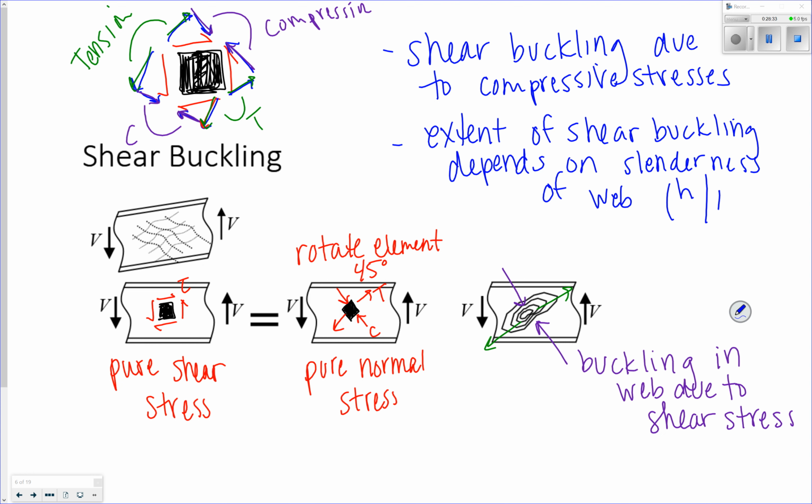Right, the height of the web and the thickness of the web. So I have shear buckling caused by shear stress, in which I transformed it into tension and compression. The compression leads to buckling, and it depends on how slender my web is, whether or not it's going to buckle. Okay?